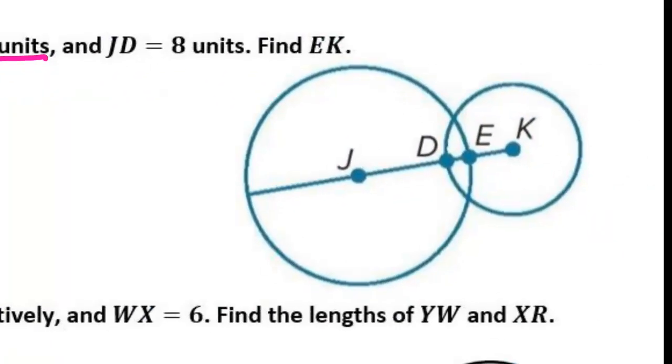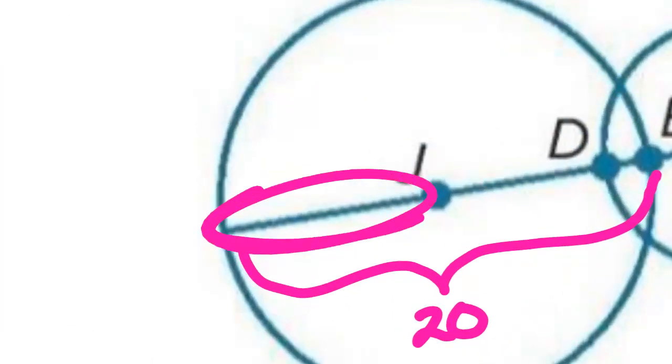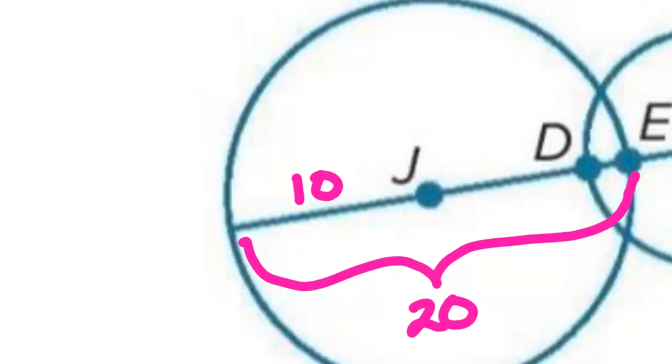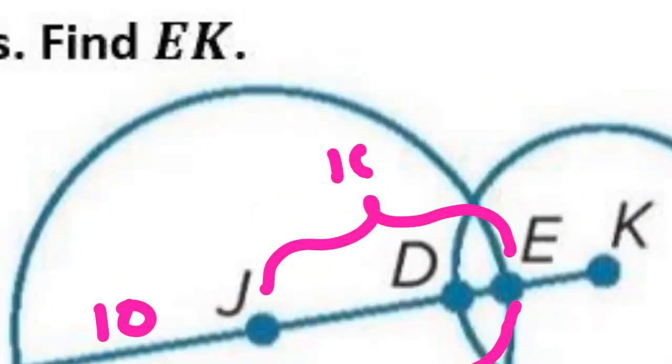Diameter of circle J is 20 units, so from here all the way to the edge of the circle there at E is 20 units. Well, if that's 20 units, how big is this right here? That would be 10. So how big would this be from here all the way over to E? Would also be 10.